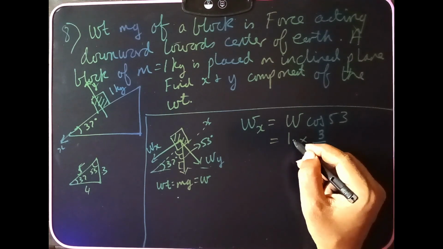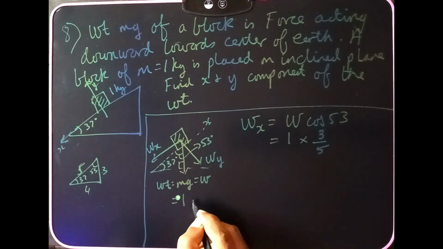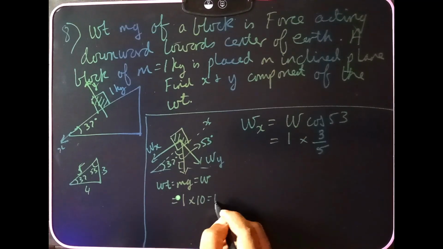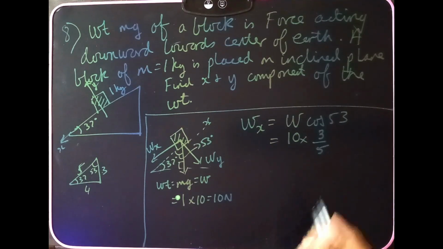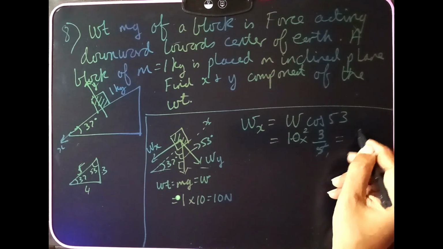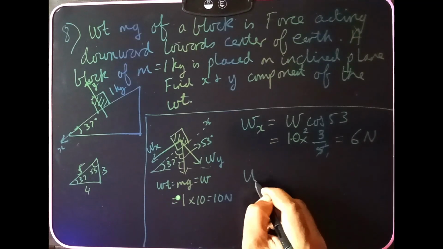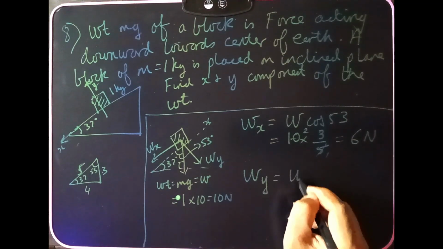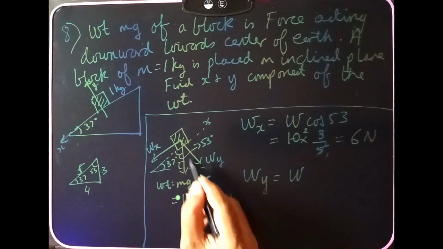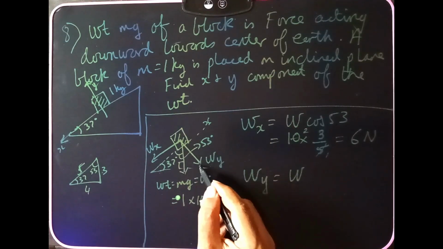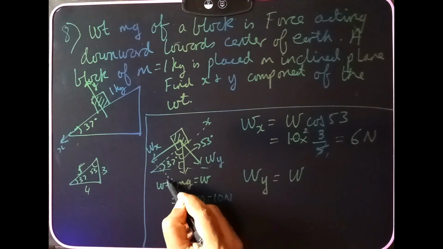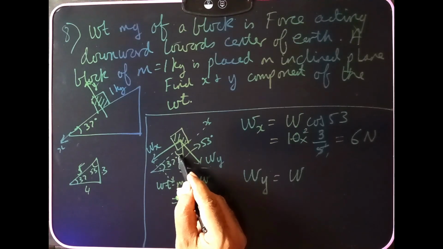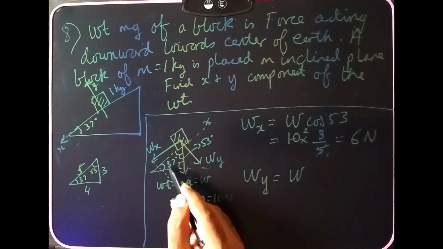I have taken weight as 1 kg, but actually it is 1 multiplied by gravity, so it will be 10 Newton. So we cancel this, this will be 2, and it will be 6 Newton. Now W along Y, the y component, this way, is the opposite side of this angle of 53.